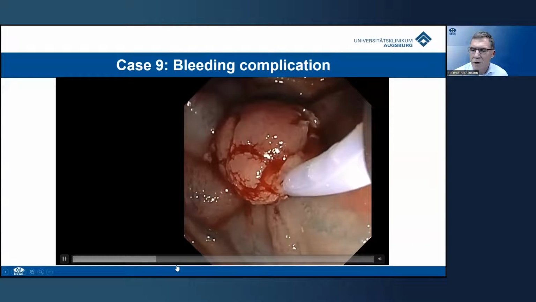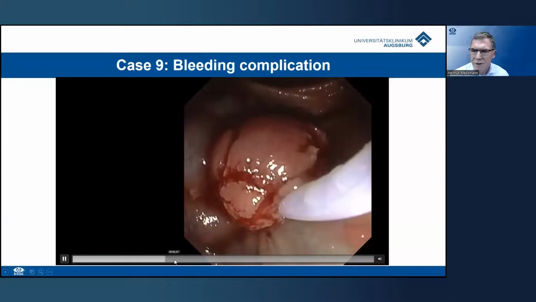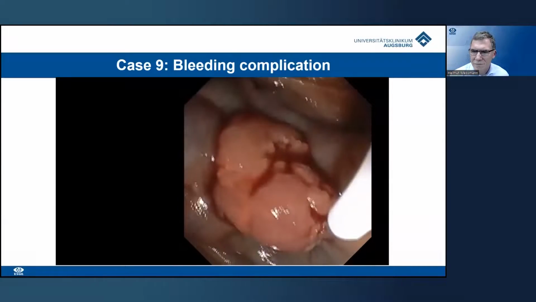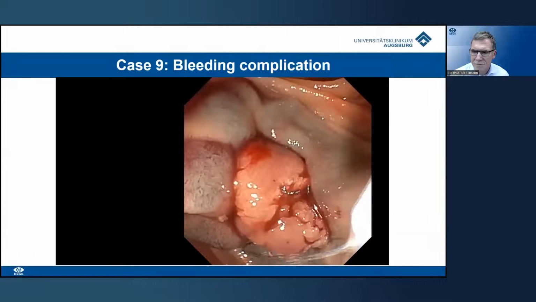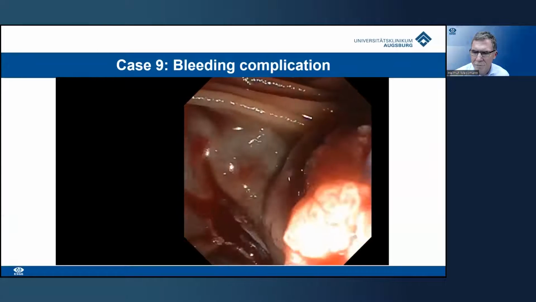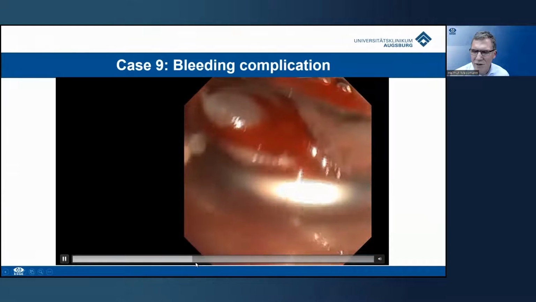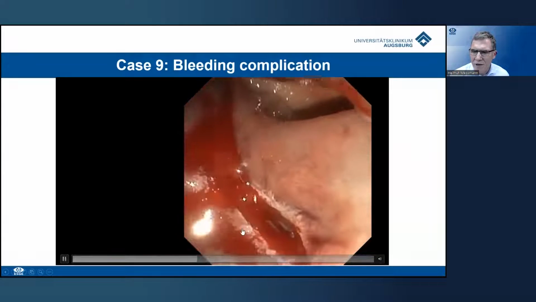And now, after resection, you see the complication. You remove the resected piece. You can see it starting bleeding and coming back. You have a spurting vessel.